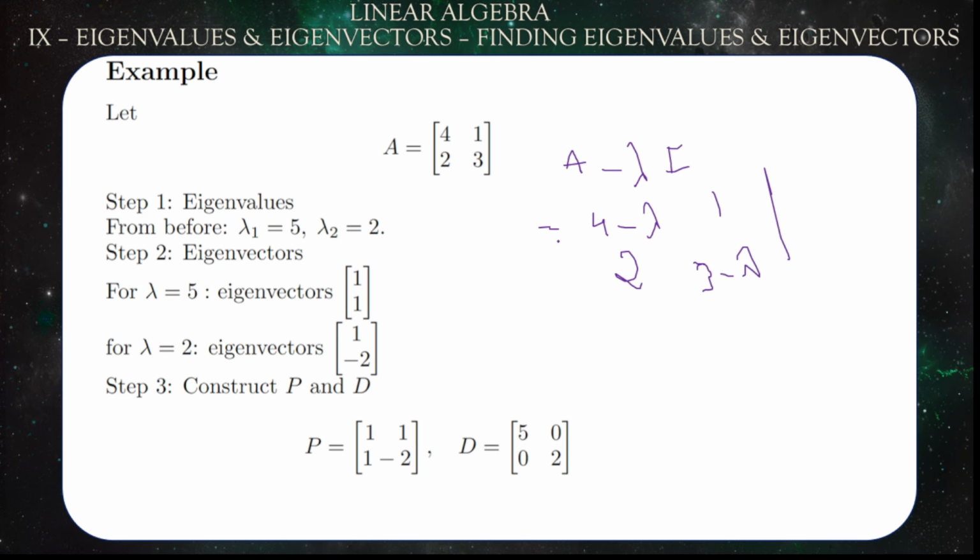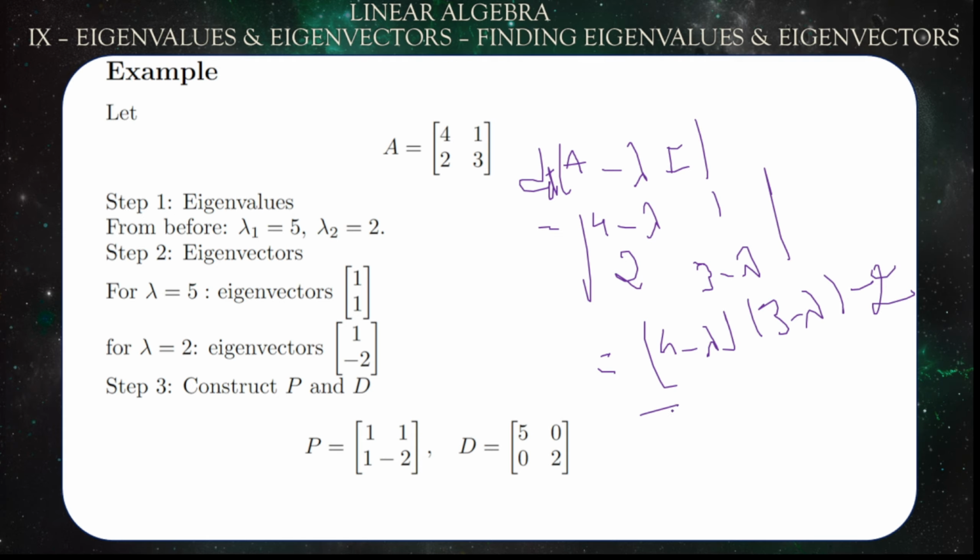We get the determinant of A minus lambda I, which is equal to 4 minus lambda multiplied by 3 minus lambda, minus 2, which equals 12 minus 4 lambda minus 3 lambda plus lambda squared, minus 2.